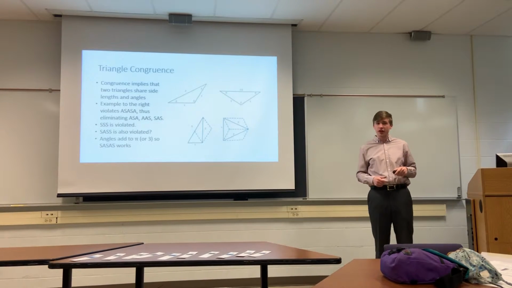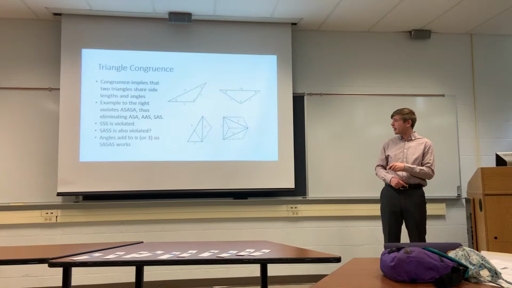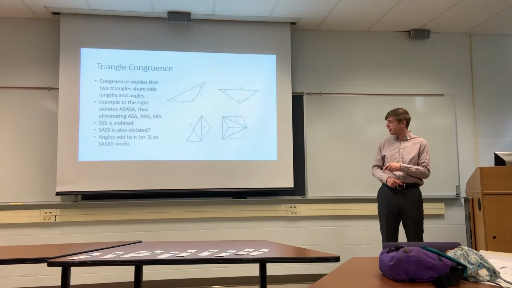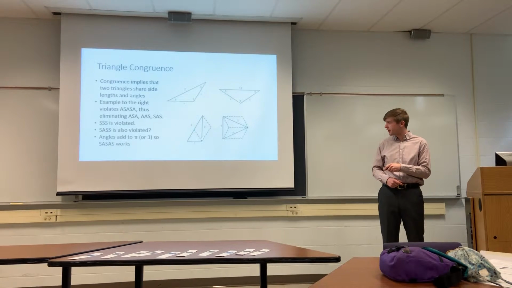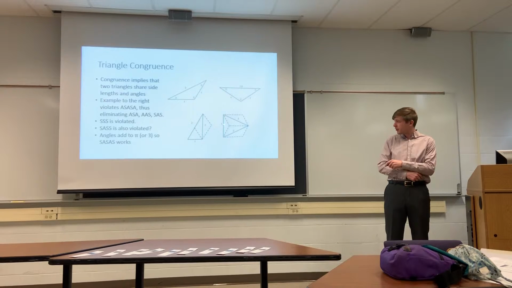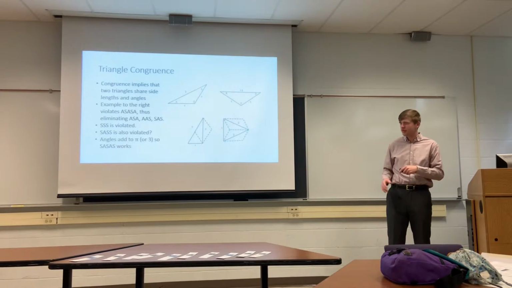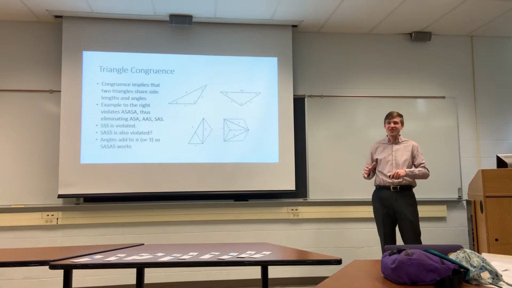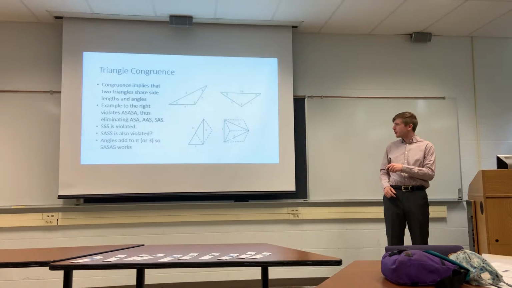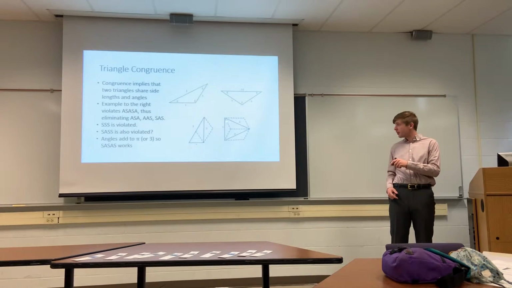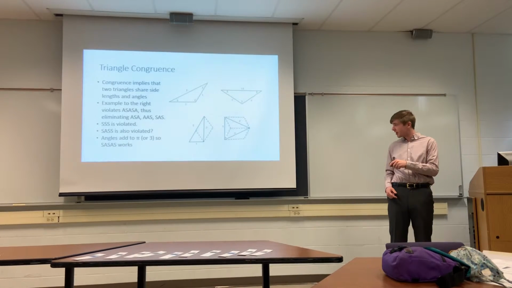Side, side, side is also violated in this metric. You can see here that this triangle has side lengths 1, 2, and 2, and clearly these two angles are different. But if we rotate it to the side and keep all the side lengths the same, 1, 2, and 2, we can see that this is an isosceles triangle, and so isosceles triangles will have these two angles be the same value.